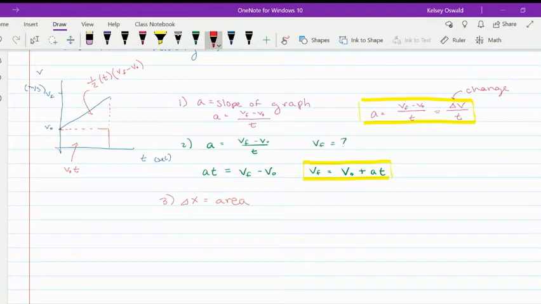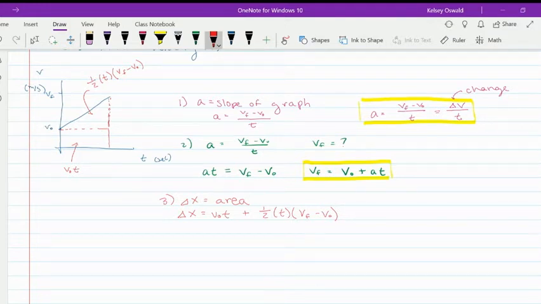So if we want to find our total area here, we'd add up the area of that bottom rectangle, initial velocity times time, plus the area of that top triangle, so 1/2 base time times the height, which would be our final velocity minus our initial velocity, because the height of that triangle is only the difference between those two.